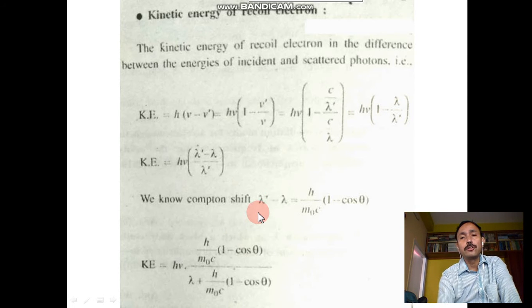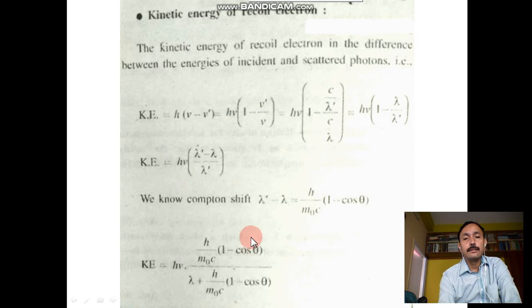We know the Compton shift: lambda dash minus lambda is equal to h by m0c into 1 minus cos theta. So putting this in the numerator, kinetic energy becomes h nu into h by m0c 1 minus cos theta by lambda dash.